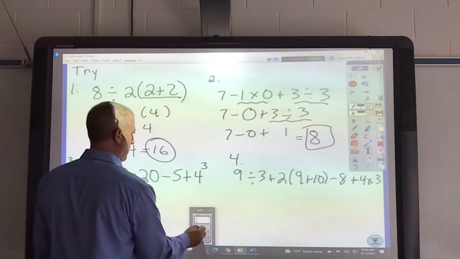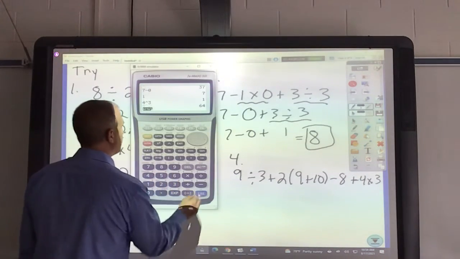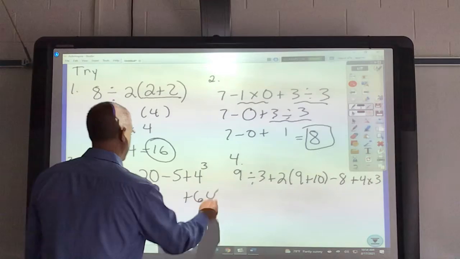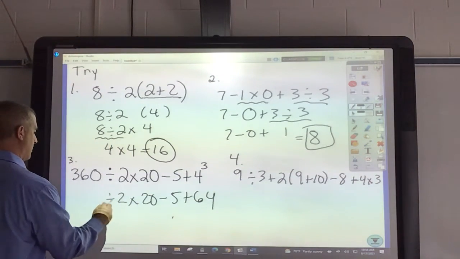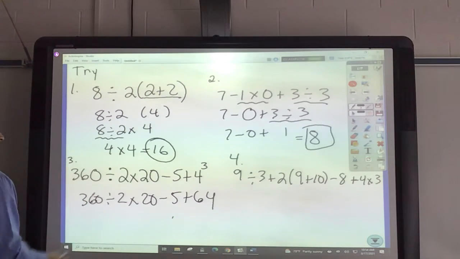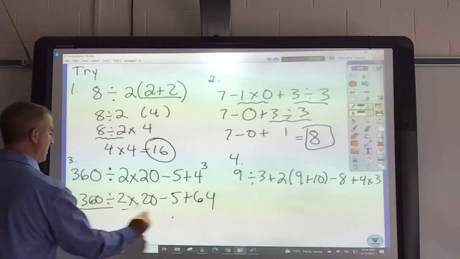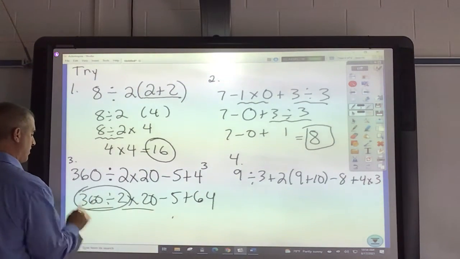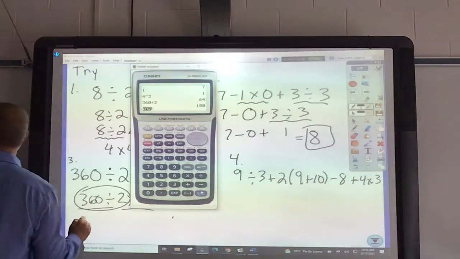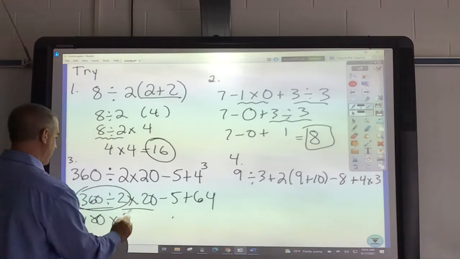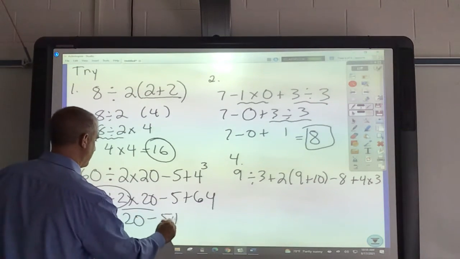Okay, so I got an exponent here. So let's go 4 to the third power, which is 64. All right, so minus 5, 20 times 2 divided by 360. Okay. All right, so what I want to do first, I got this and this. I got to do this part first. So 360 divided by 2 is 180. 180 times 20 minus 5 plus 64.